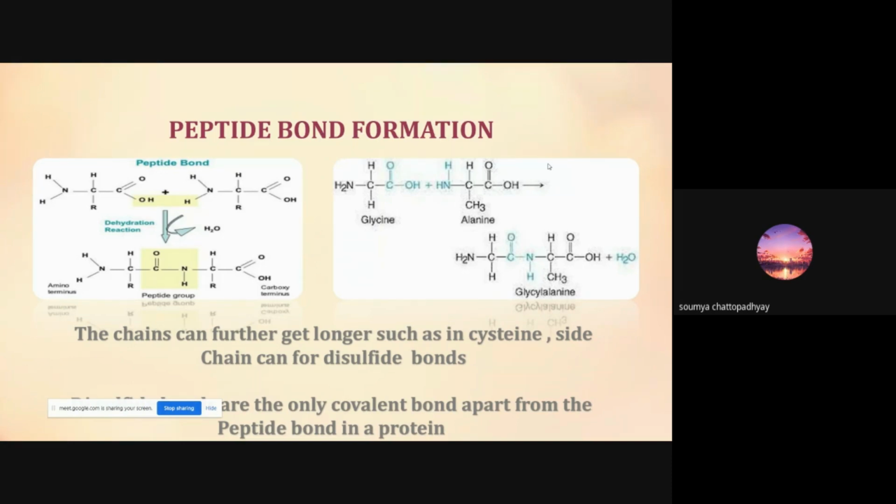It's the only other covalent bond we can find in protein structure. The amino acids capable of forming disulfide bonds are cysteine and methionine. Here is another example of peptide bond formation. You can see that OH comes from the glycine part and H comes from the alanine part, there is a removal of water, and a peptide bond is formed.